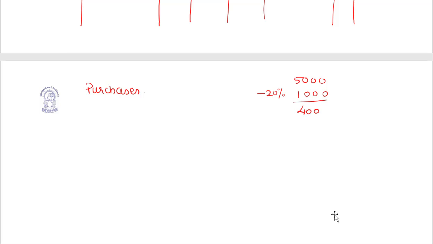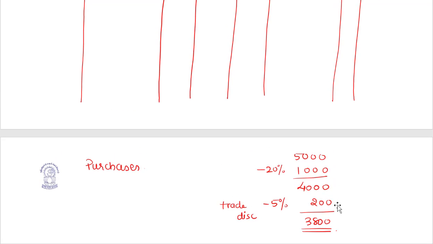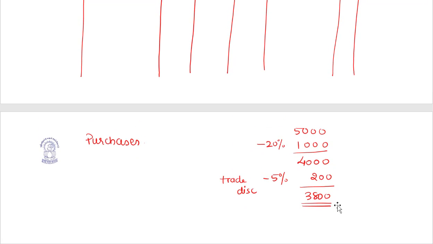That means we will record it at 4,000. But from this 4,000, 5% cash discount is minus 200. So this purchase is of actual nature, that is 3,800.